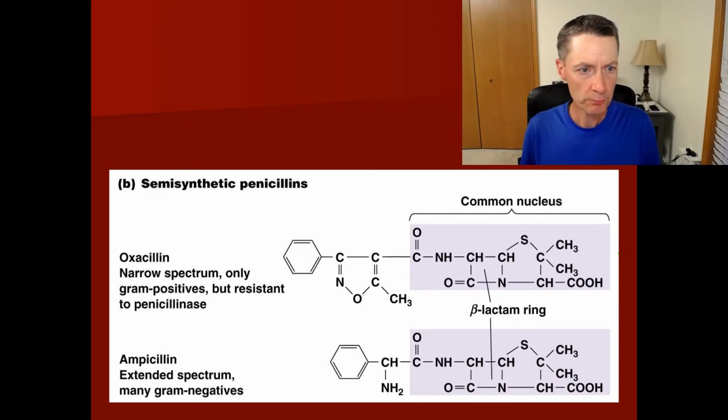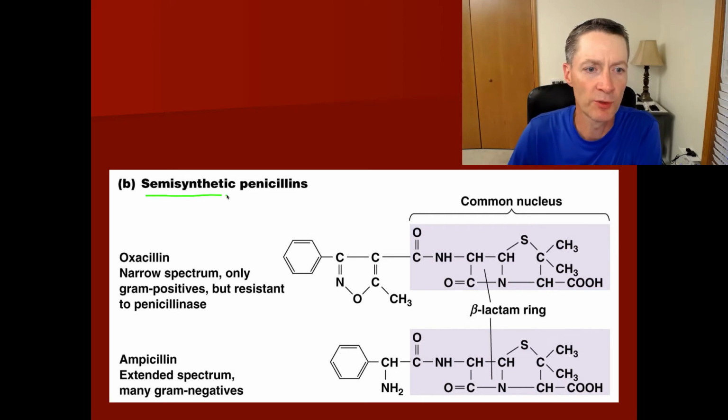Okay? So here we have some semi-synthetic penicillins. Okay, so these were taken to the lab and then altered. And you still see the cillin though, right? So we know that that's a beta-lactam. And we see that this changes their effectiveness. This is a narrow spectrum drug. This is an extended spectrum drug.